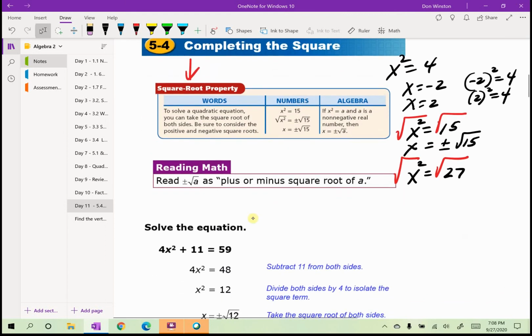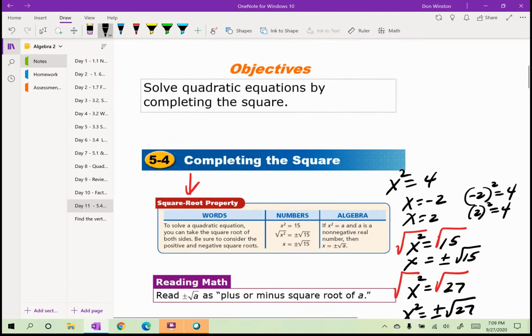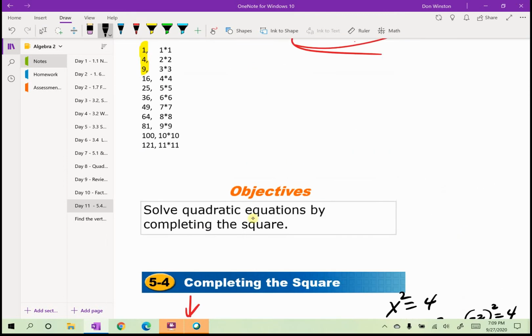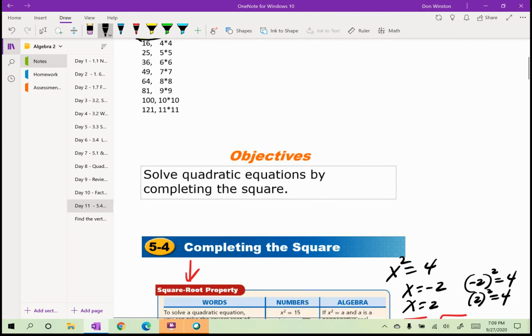And that would be x squared is equal to plus or minus root 27. But here I'd have to recognize that the largest perfect square factor of 27 is 9. 9 is a perfect square number.